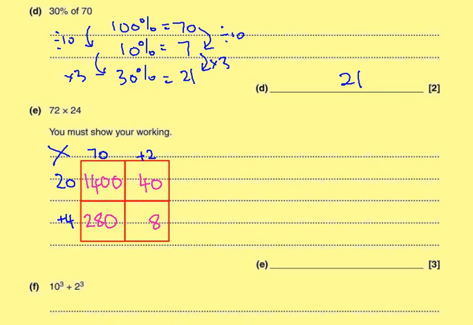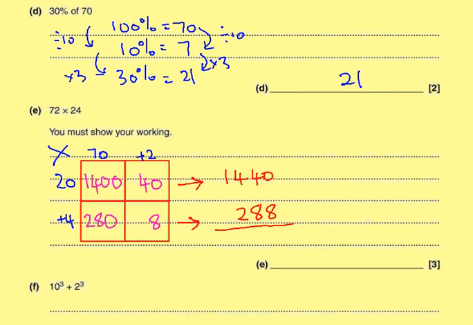Now the key now is to add horizontally. So adding across for the top two numbers, 1400 plus 40 is 1440. And adding across here, 280 plus 8 is 288. Now you can see I've been very careful to line up my units, my tens and my hundreds here.